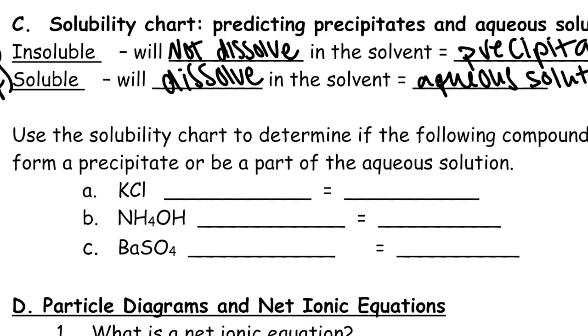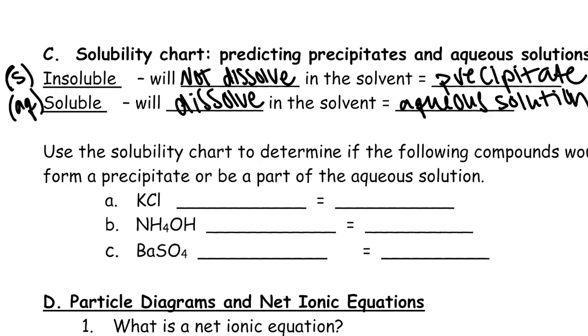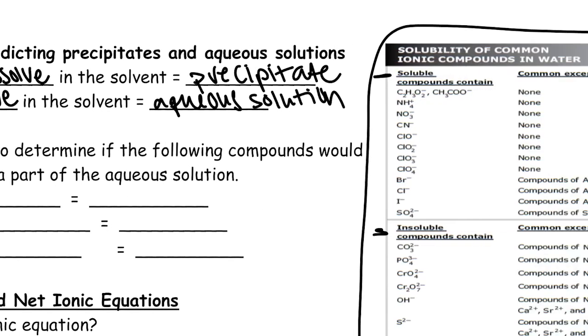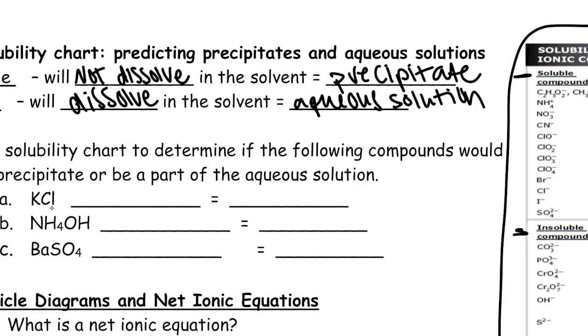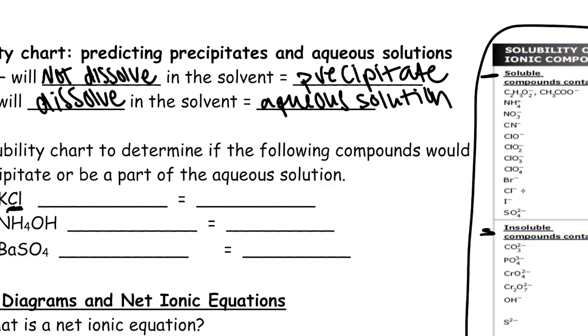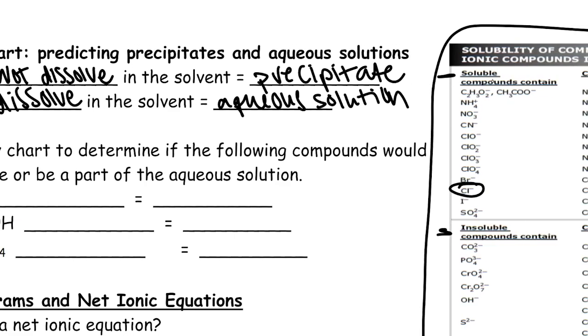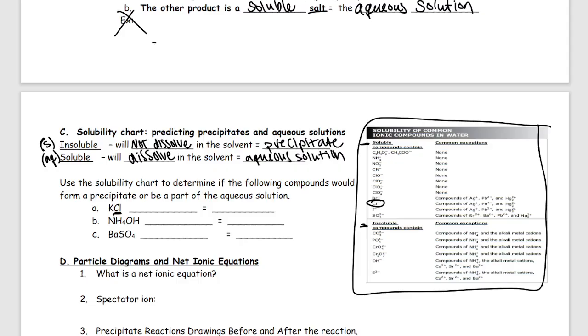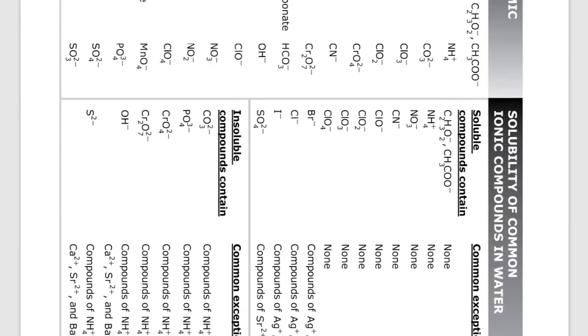So it says use the solubility chart to determine if the following compounds would form a precipitate or be part of the aqueous solution. If I have KCl, I would look up my anion, the second part of it. So my chlorine is in the section that says soluble, and then I just need to make sure that it's not bonded to one of my exceptions. If this is too small for you to read, I also printed the solubility chart bigger on the back of your notes. It's the exact same thing.